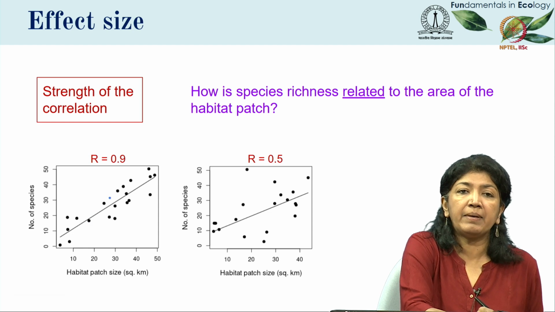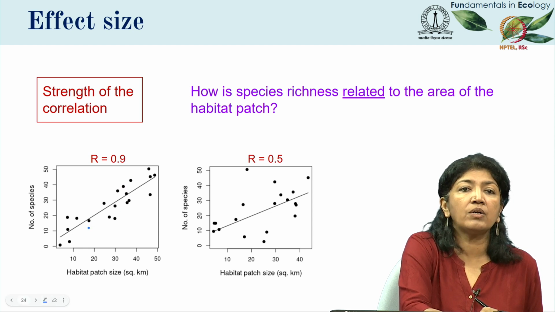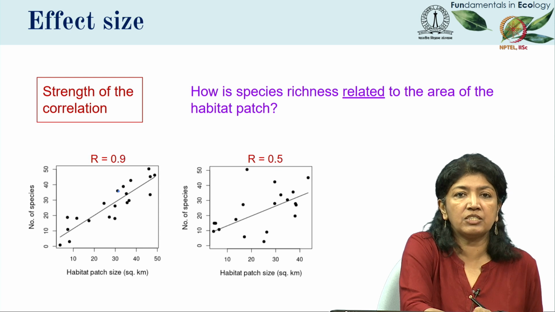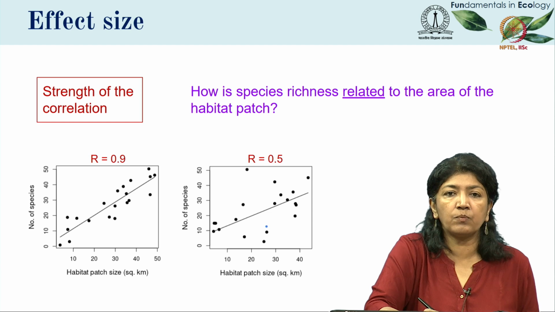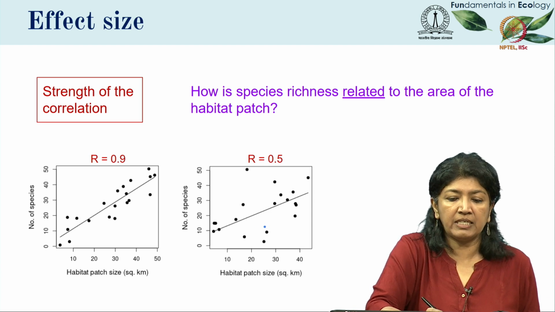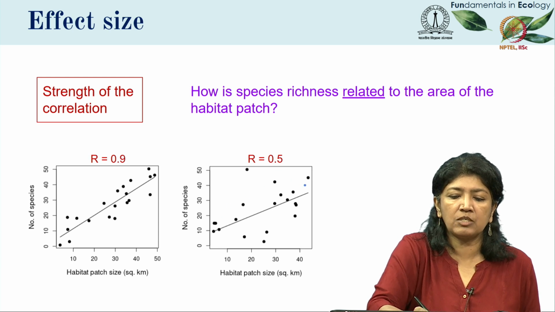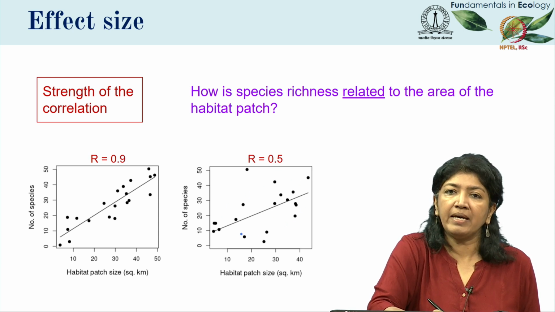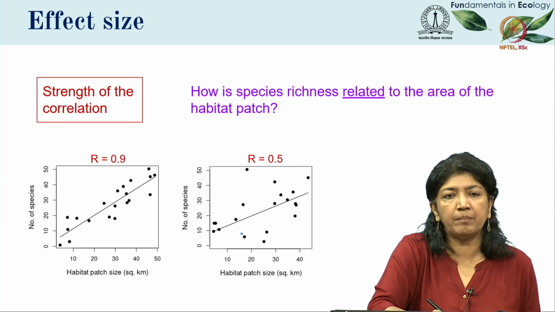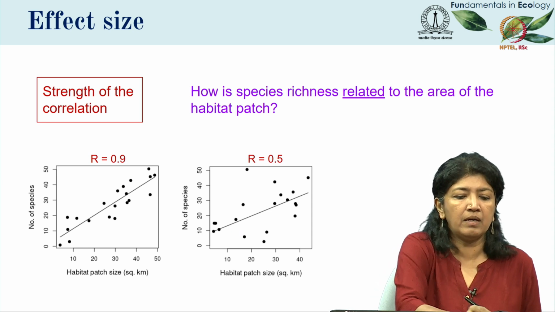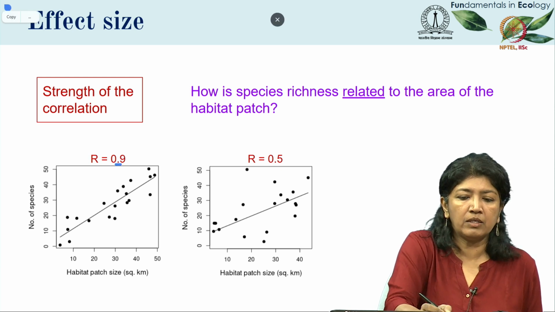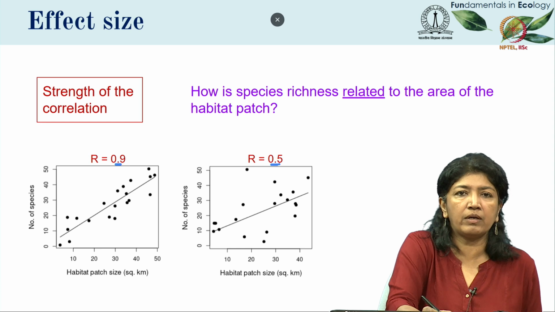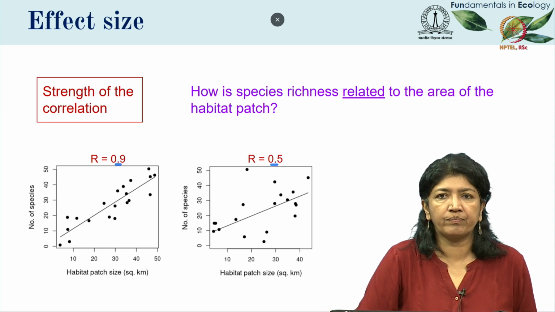This would tell you that habitat patch size actually explains a lot of variation in species richness. However, the case on your right shows you a case where as habitat patch size increases, the correlation with number of species is quite low. This can be estimated through coefficients like the Pearson's correlation coefficient, for example, which shown here is high, a correlation of 0.9, shown here low, a correlation of 0.5.